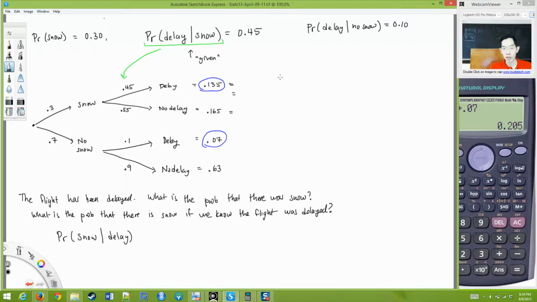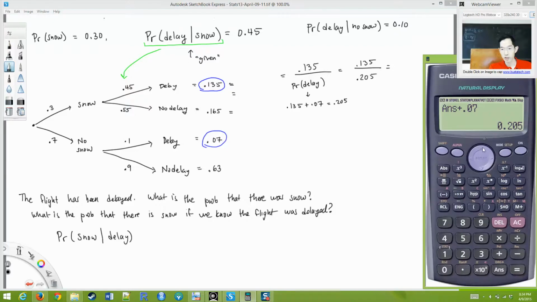Okay? So the answer to that is going to be 0.135, which is the path with the snow, divided by the probability that we ended up in this world in the first place with the delay. So it's going to be 0.135 divided by 0.205. Probability of delay, if you remember, was 0.135 plus 0.07, which gave us 0.205.